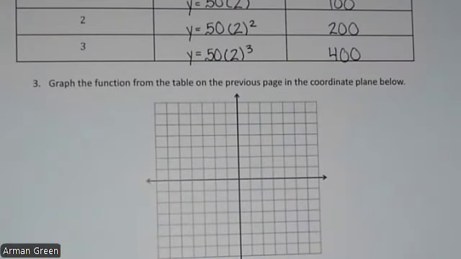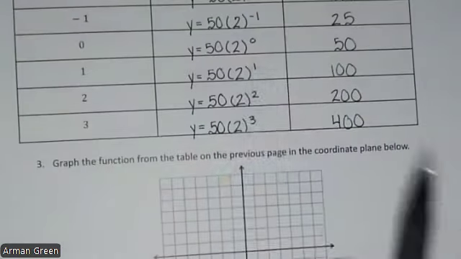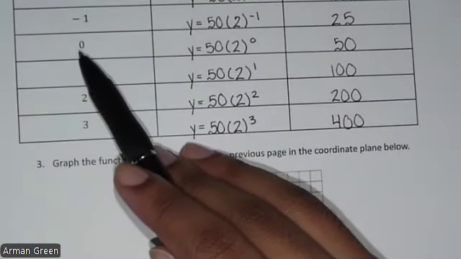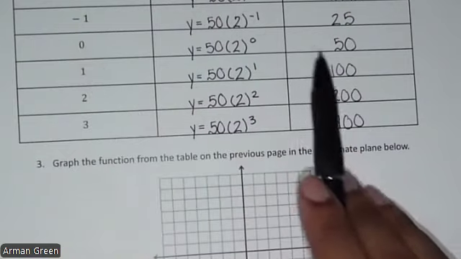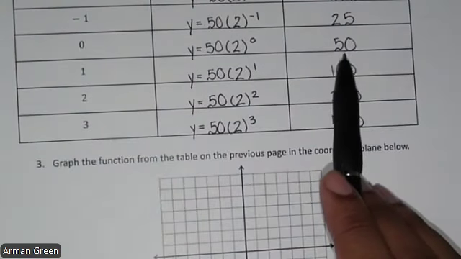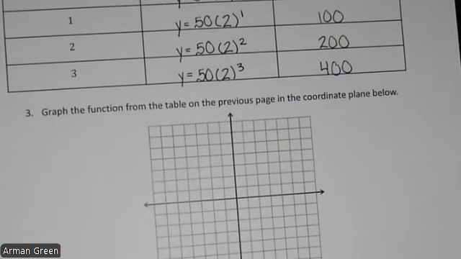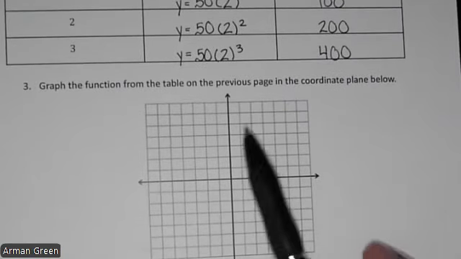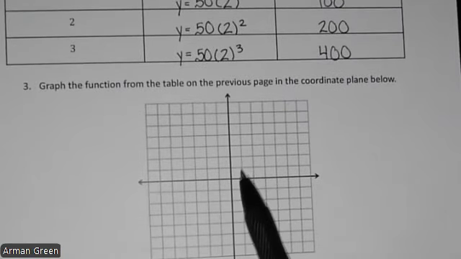In this case, I am going to start with probably the easiest one, which is this one. We know that when x is 0, our y value is supposed to be 50. Now, we don't have 50 boxes, right? We can't be at 0 and then go up 50 because we don't have that.